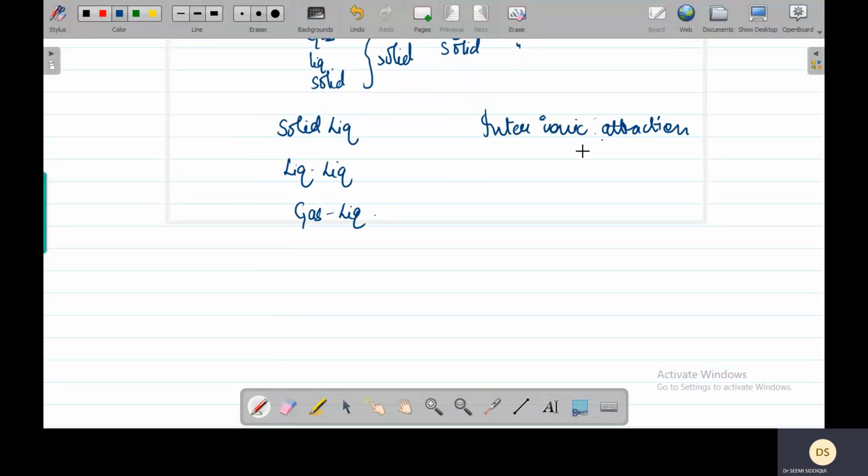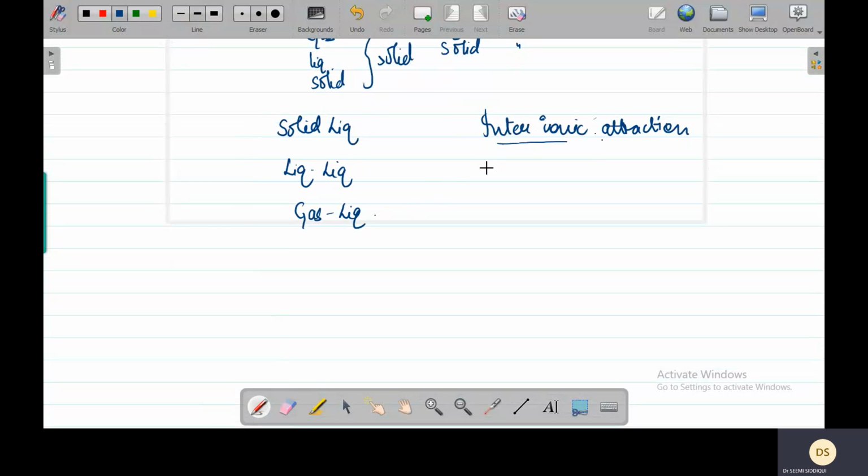Here, ions are held together in the lattice due to electrostatic force. Due to these forces, molecules get stabilized and energy gets released. The energy which is released here is called the lattice energy.